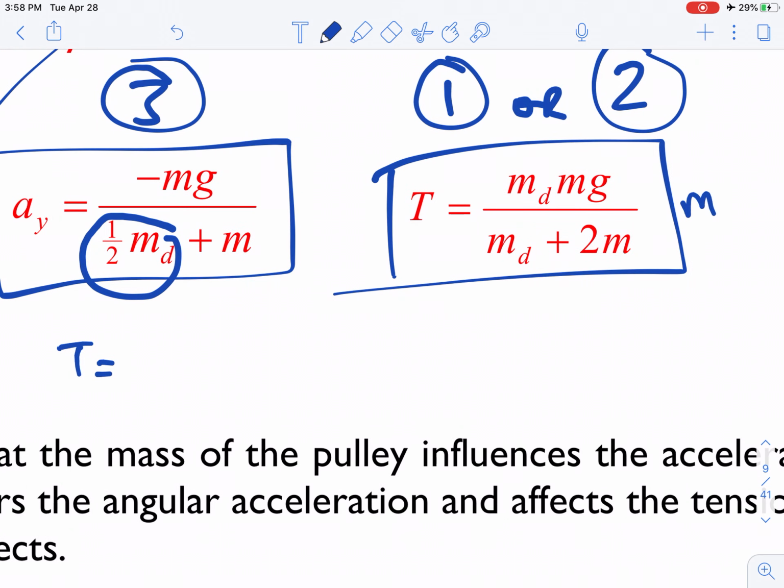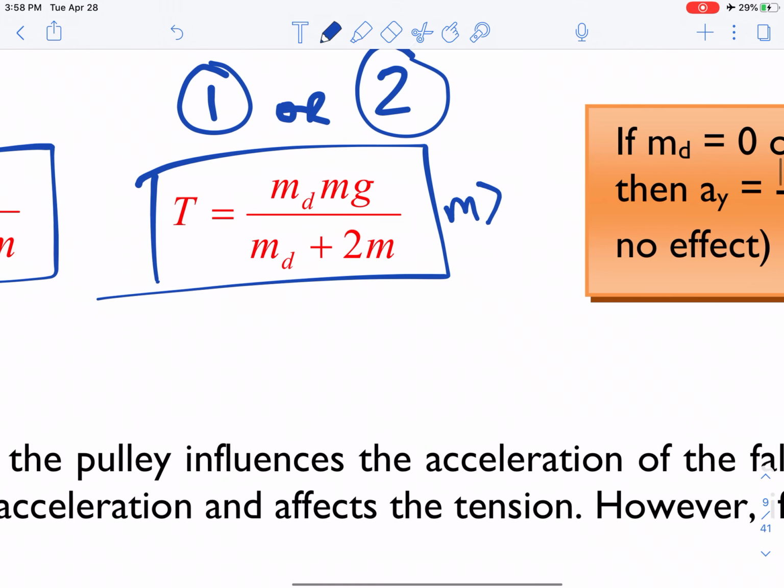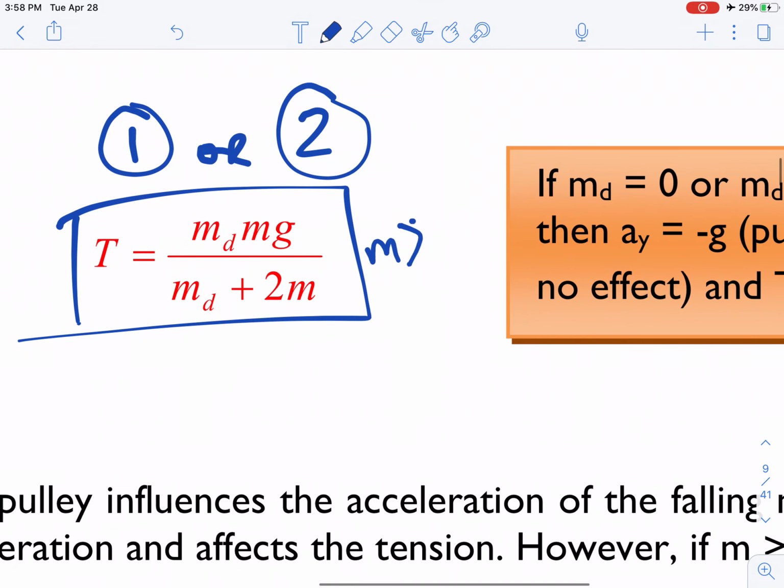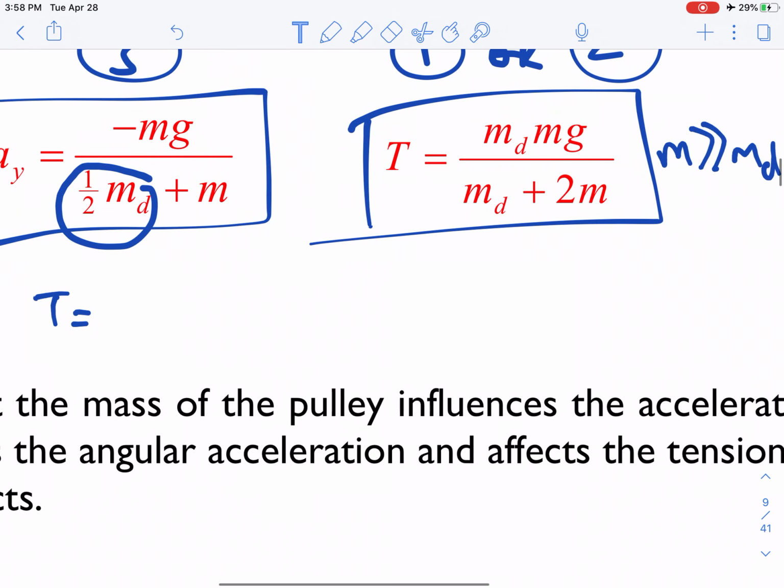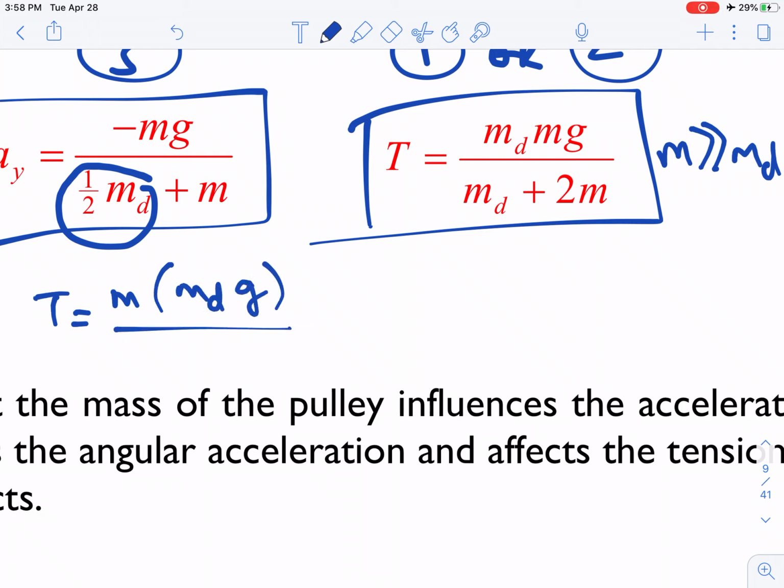So that's what we're saying. We are looking at the case when M is much bigger than MD, a kind of limit of the problem, okay? And in that case, we're going to write here what the tension would be. I'm going to take M out in parentheses. This will be MDg at the bottom. Inside the parentheses, this should be MD over M plus 2M over M. So these M's are going to go away.